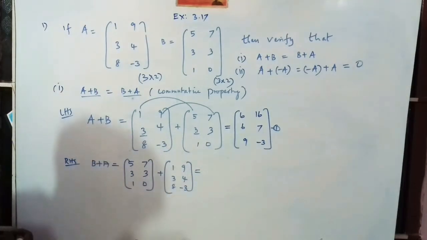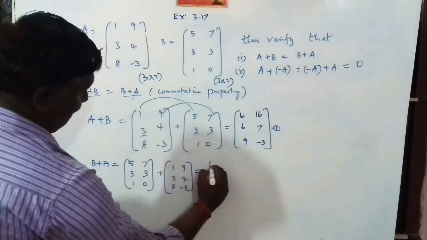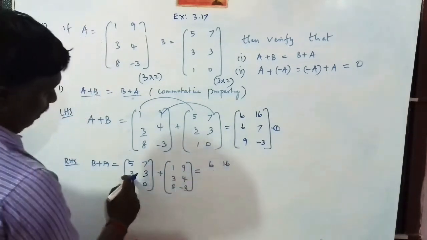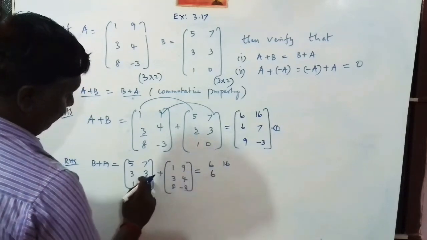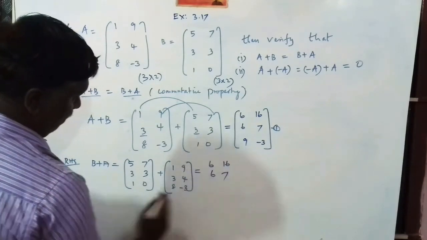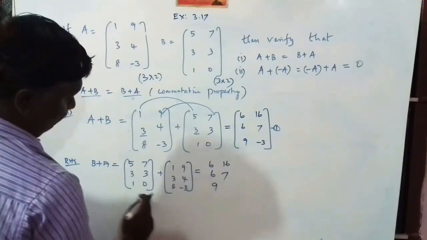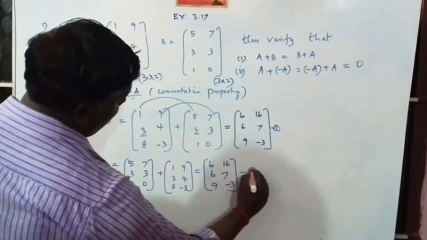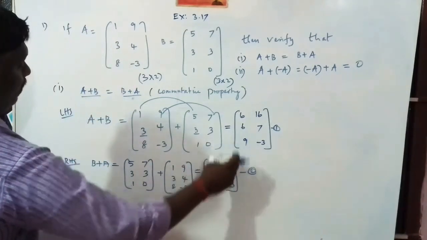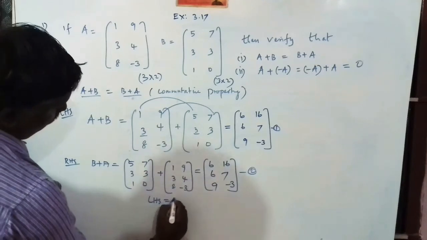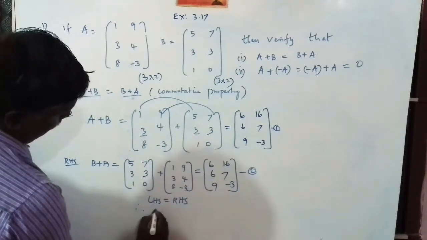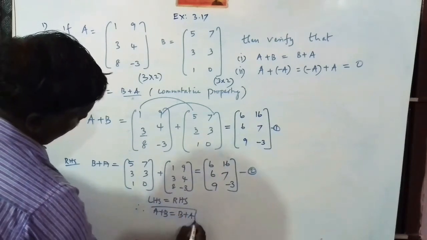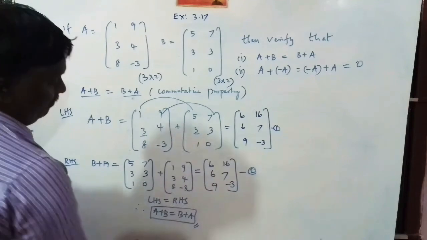Now adding the corresponding elements: 5 plus 1 equal to 6. 7 plus 9 equal to 16. 3 plus 3 equal to 6. 3 plus 4 equal to 7. 1 plus 8 equal to 9. 0 minus 3 equal to minus 3. Now check the property: LHS equal to RHS. Therefore, A plus B equal to B plus A. The first property is verified.